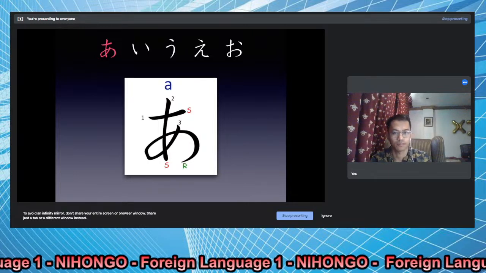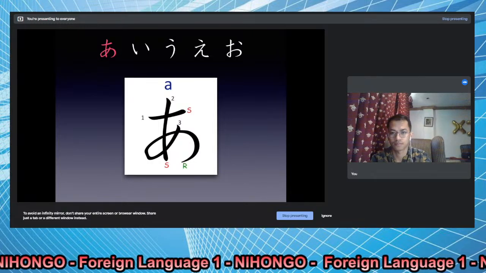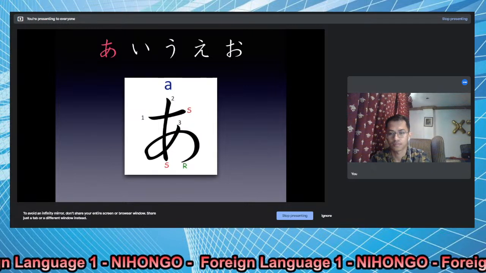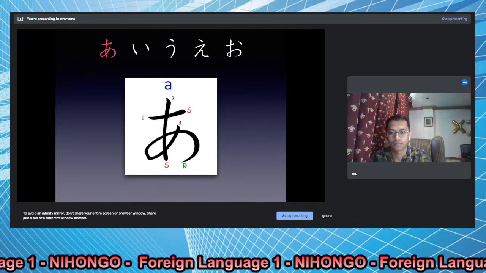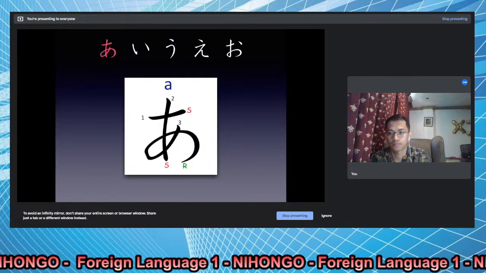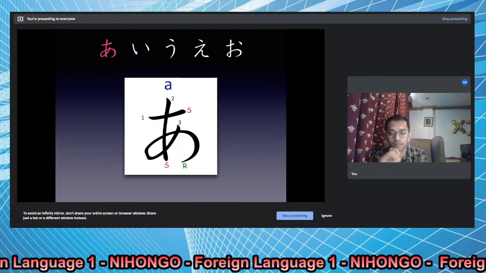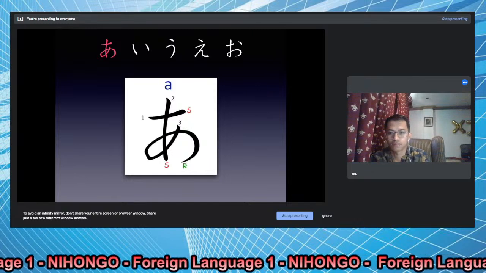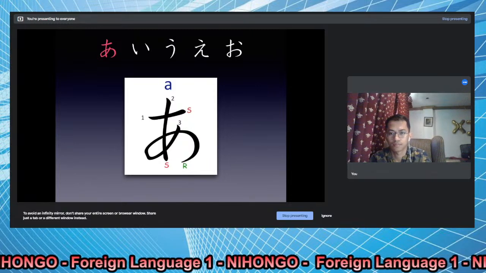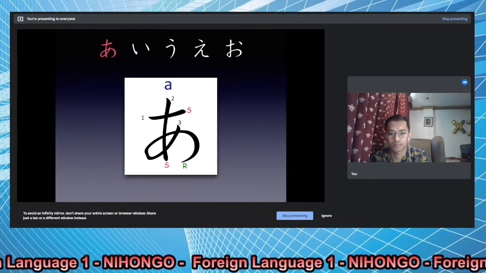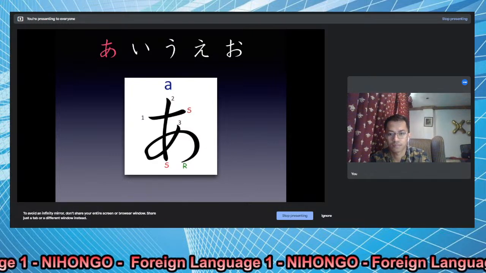On top, you have the reading of the hiragana letter in the alphabet, in this case, A. The numbers that you see there, like 1, 2, 3, show the order you should write that letter. On these numbers you have the reading of the hiragana letter, so you're going to hear 1, 2, 3, 4.